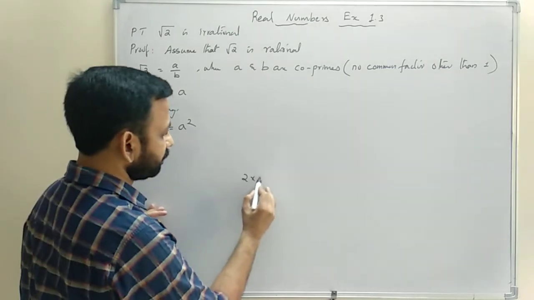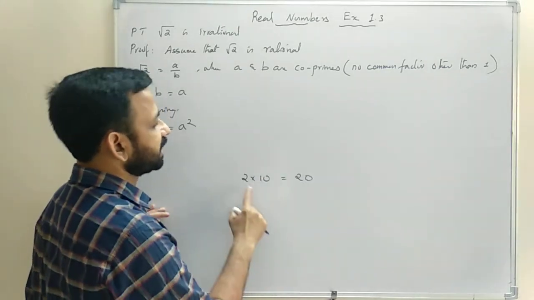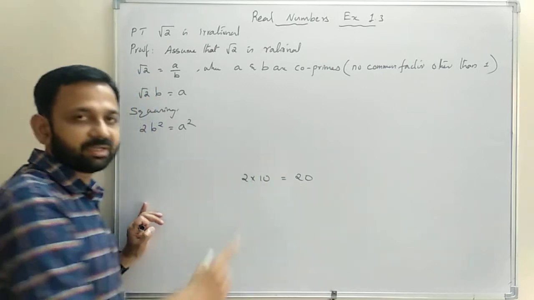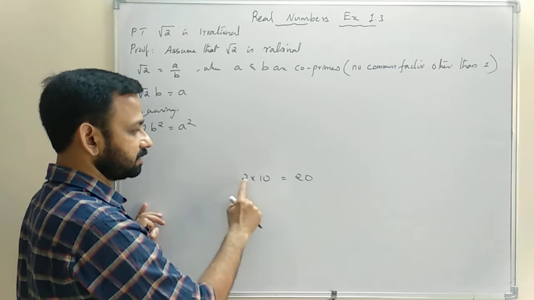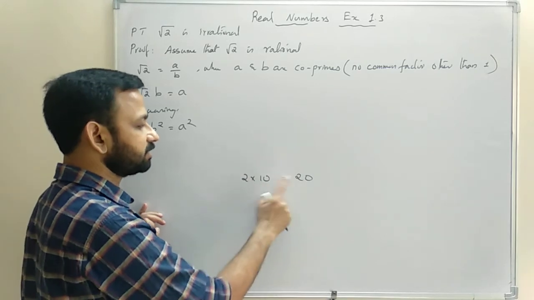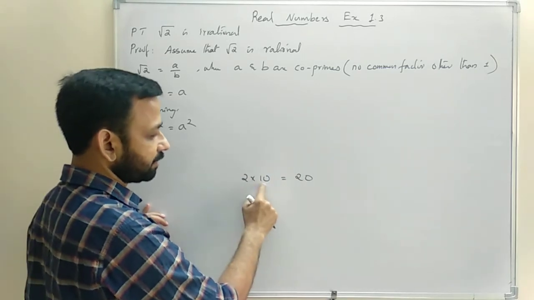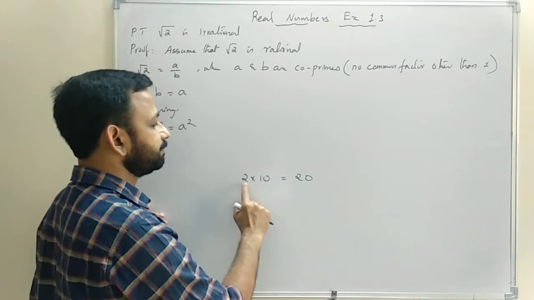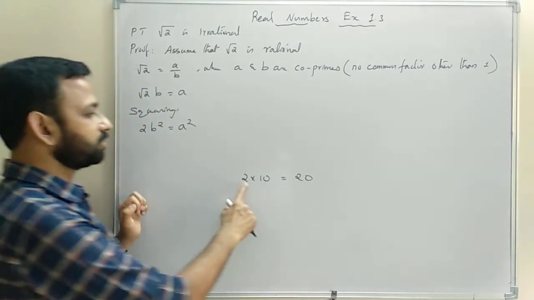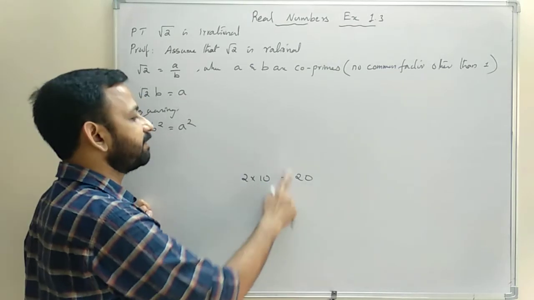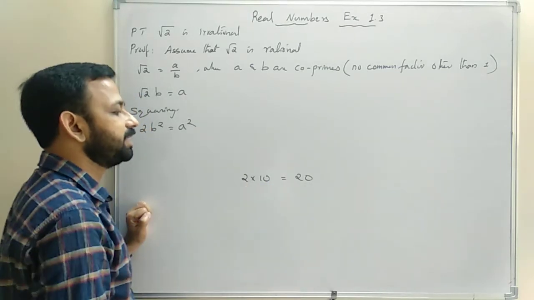Now, 2 into 10 is equal to 20. So we can say that 2 divides 20, and 2 and 10 are the factors of 20. 2 divides 20 means that when we divide 20 by 2, the remainder will be 0.